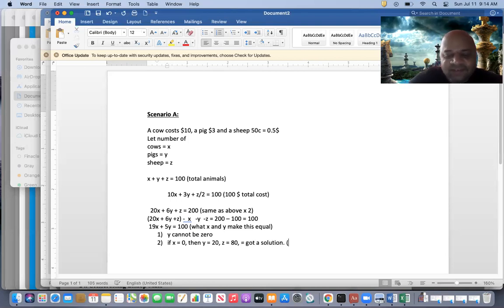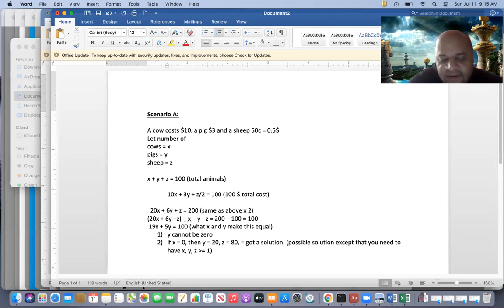But x cannot be 0. There has to be at least one of each animal. This is possible, except that everything should be positive, right? I just showed you that if that condition was not there, then you also have a solution like this. But x, y, z have to be greater than or equal to 1, right?